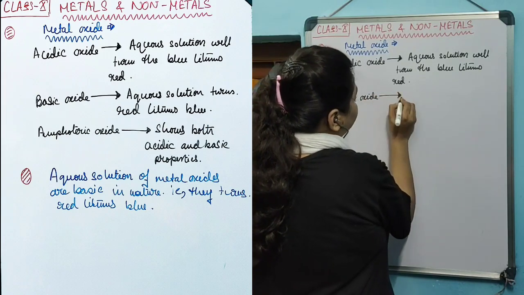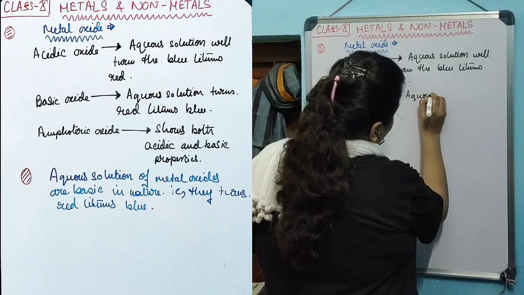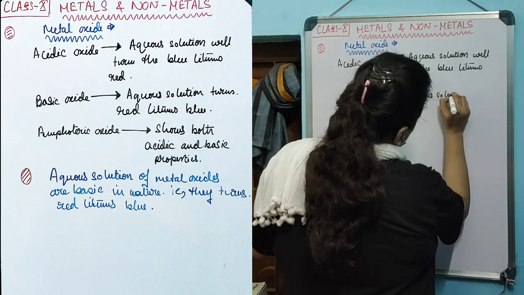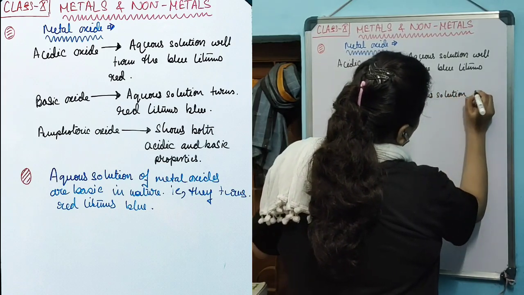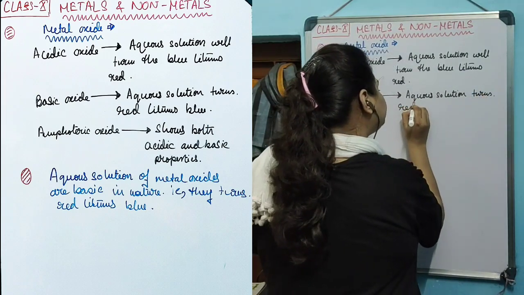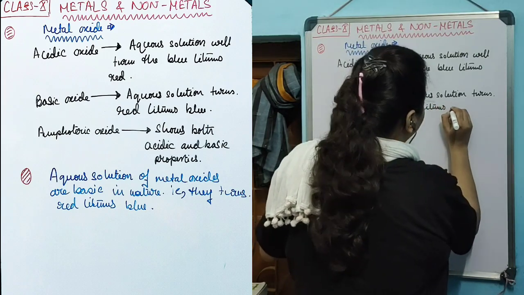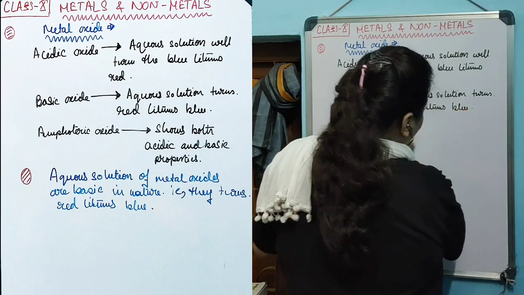Basic oxides, on the other hand, are those oxides whose aqueous solution turns red litmus paper blue.